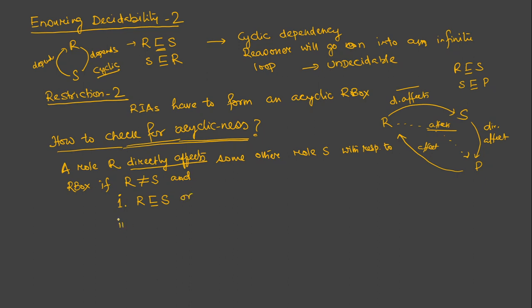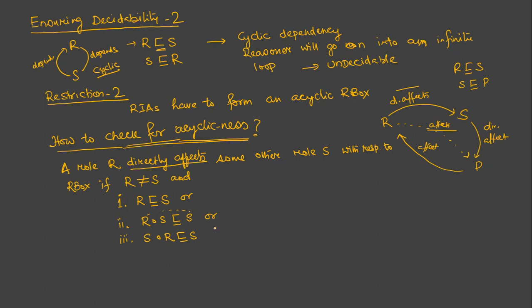Or we have a form like this: R composition S is a sub-property of, then also R directly affects S, right? The third condition is if you have something like S composed with R that will imply S, then also we can say that R directly affects S, right?